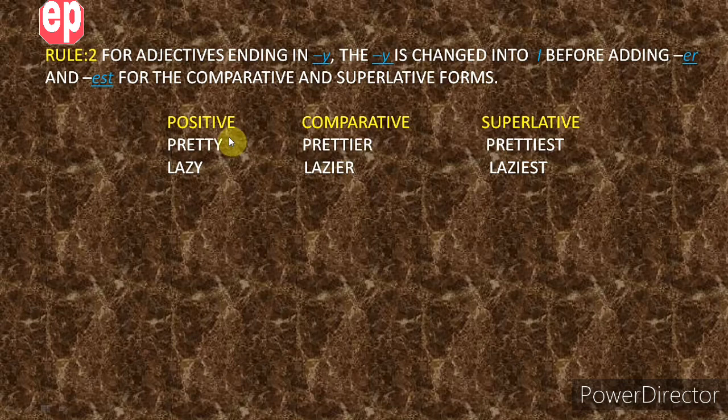The y is changed into i. In a similar way, in lazy also, y is changed into i, making prettier and lazier. Also in superlative degree, before adding est, the y is changed into i. So it is made prettiest and laziest.